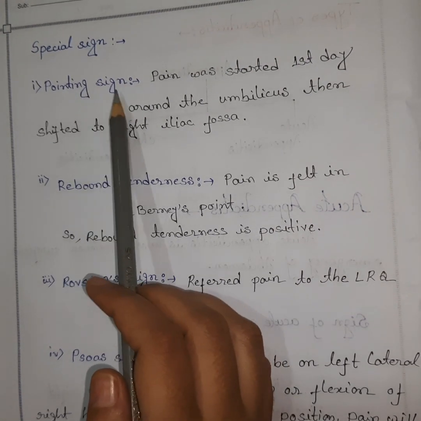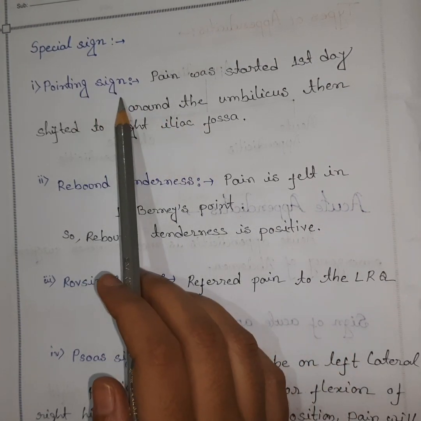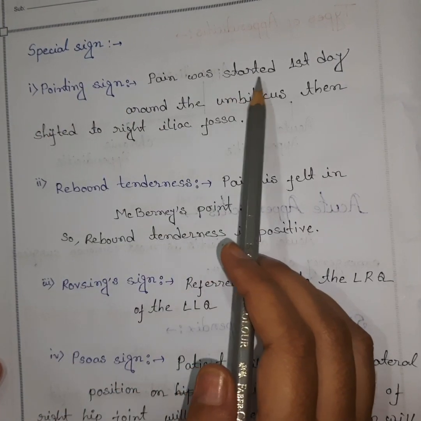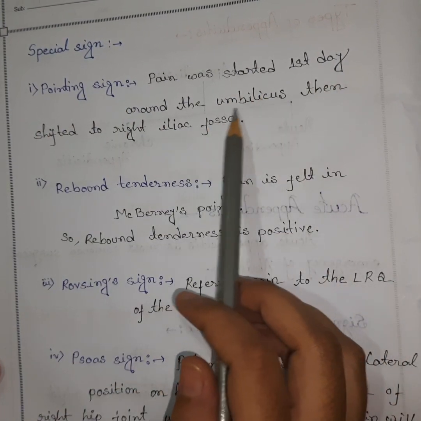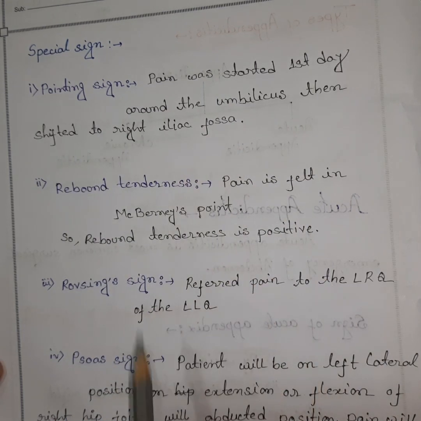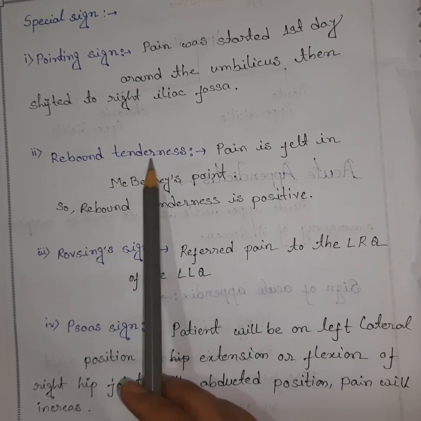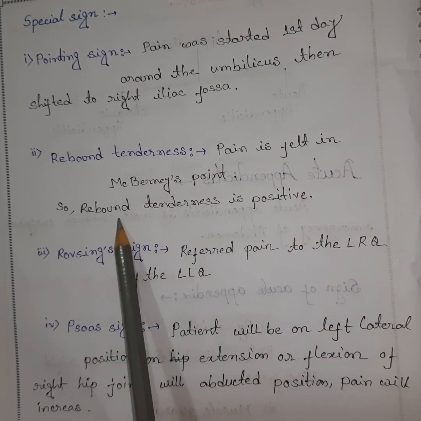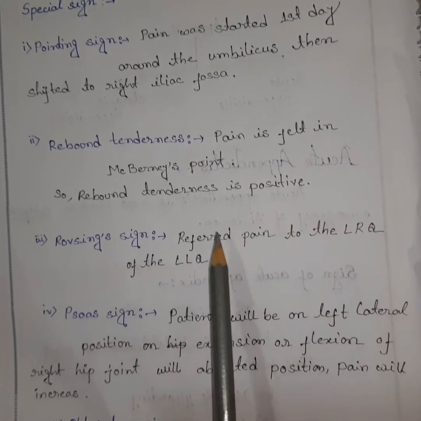So, the pointing sign. What do you mean by pointing sign? Pain started on the first day around the umbilicus, then shifted to the right iliac fossa. Rebound tenderness: pain is felt at McBurney's point, so rebound tenderness is positive.